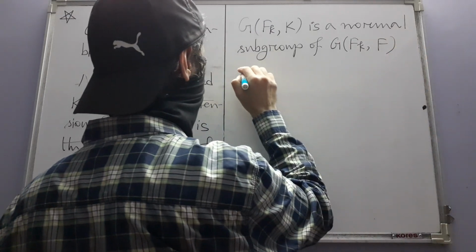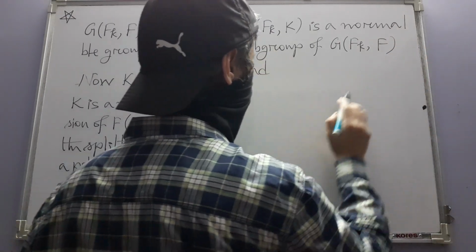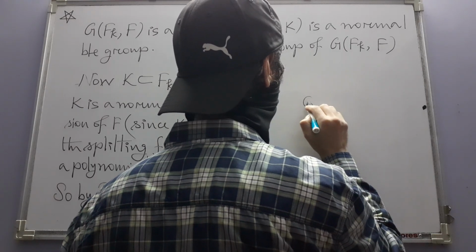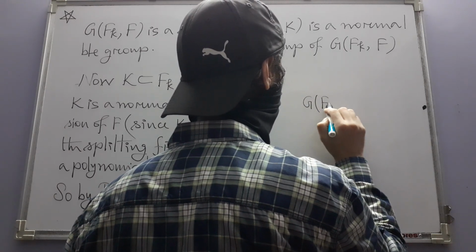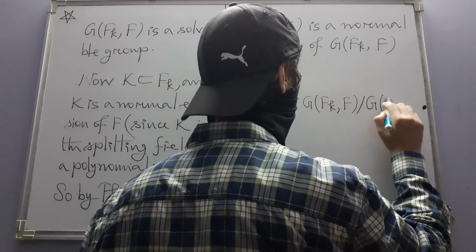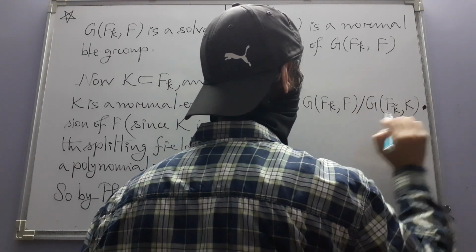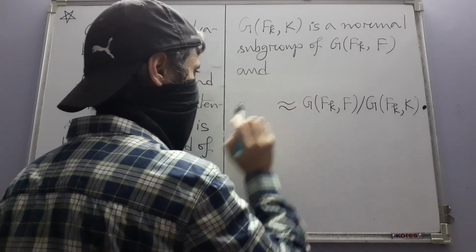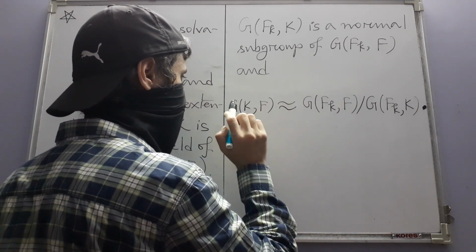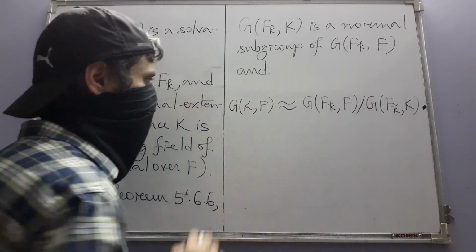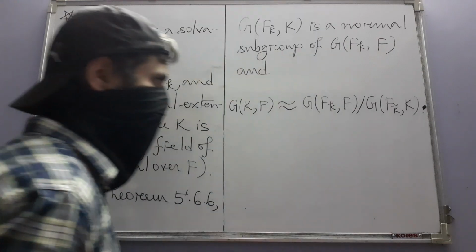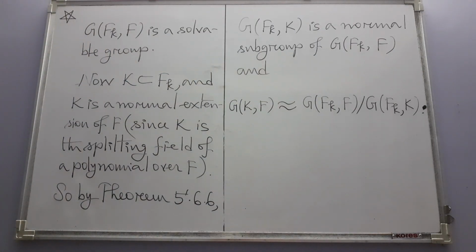And if we form the quotient group, that is this one, then that should be isomorphic to this. Yes, that's what the fundamental theorem of Galois theory implies.